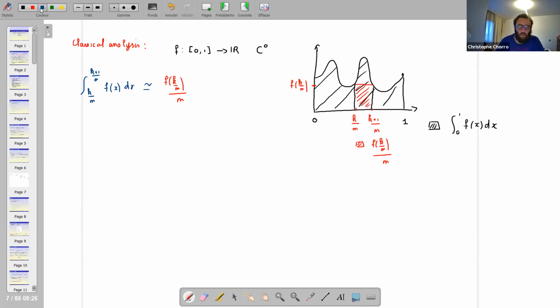And of course, using the Chasles relation, I can separate this integral as the sum of integrals over this kind of intervals.